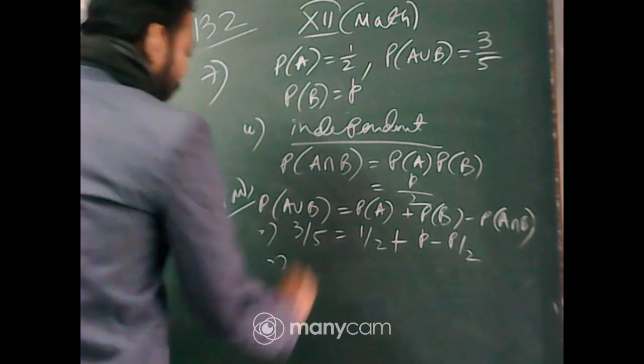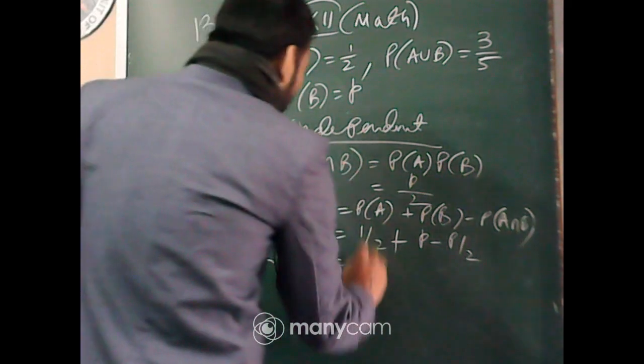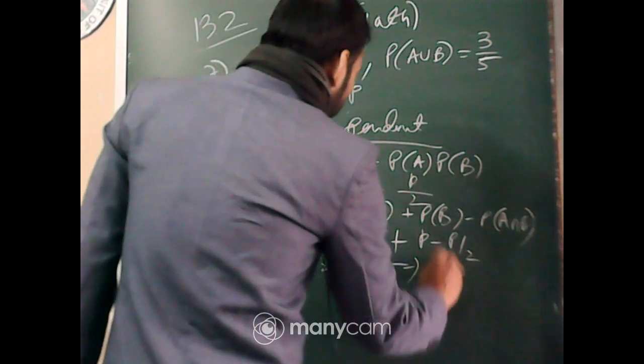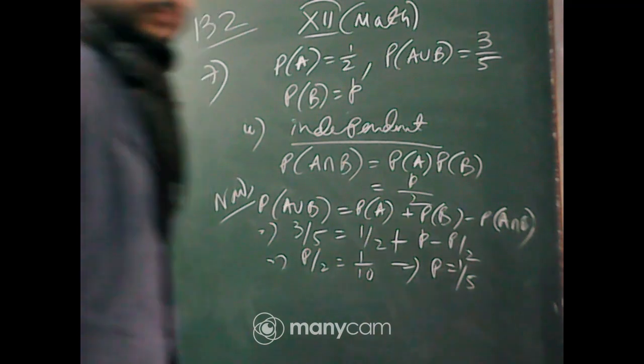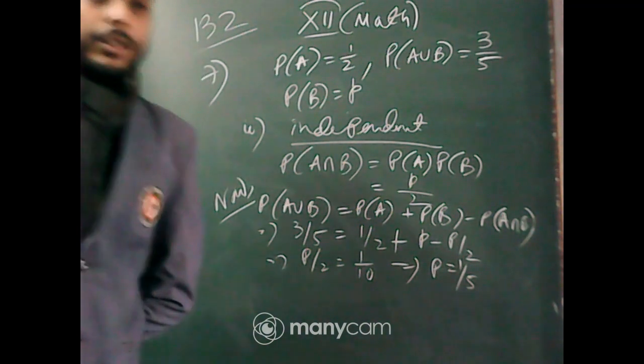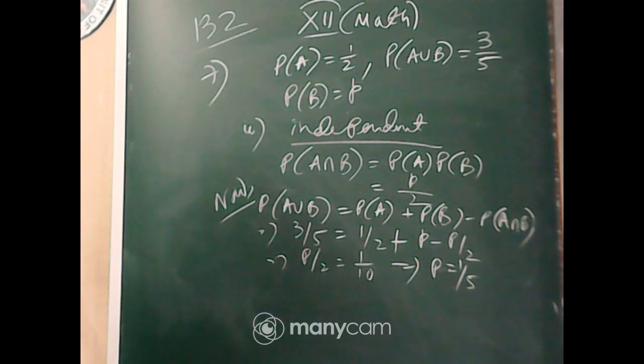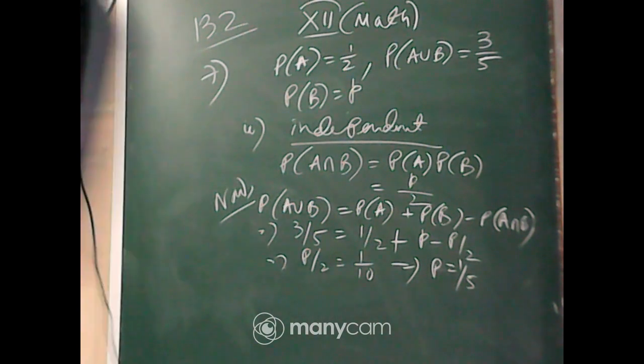So that means P by 2 equals 1 by 10. That means P equals 1 by 5. Isn't it? Check it. Do it in your copy and check it.